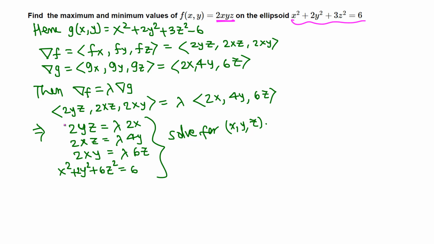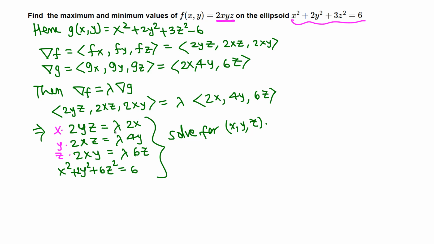If we multiply this by x, then we have 2xyz. Then we multiply this by y, 2xyz. Multiply by z, 2xyz. So the left hand sides will be the same. That means the corresponding right hand sides will be the same as well. And from there we can multiply here, because x times x will be only x squared, only y squared, only z squared, and we plug in here.